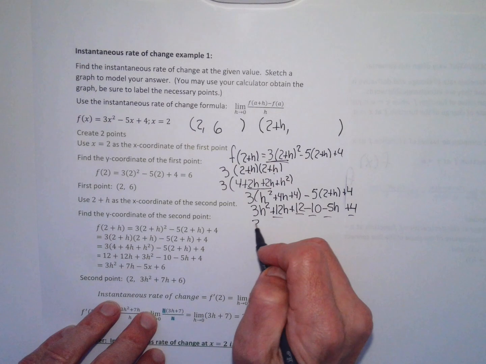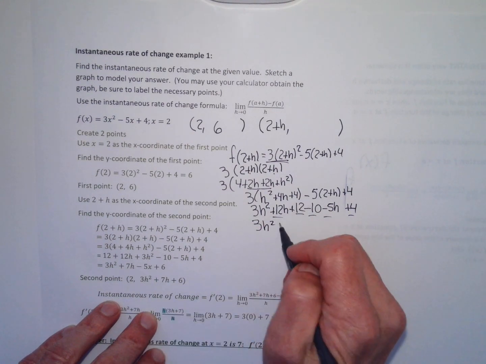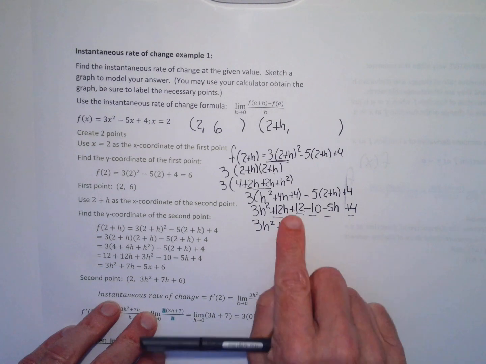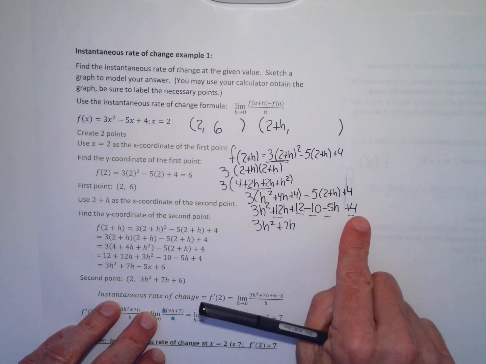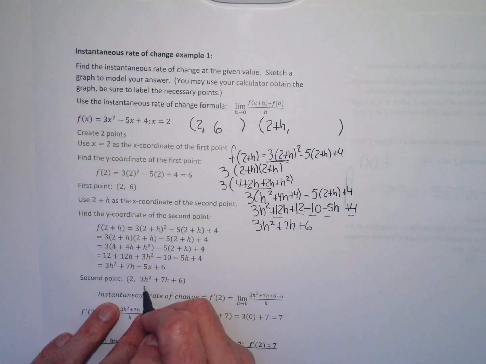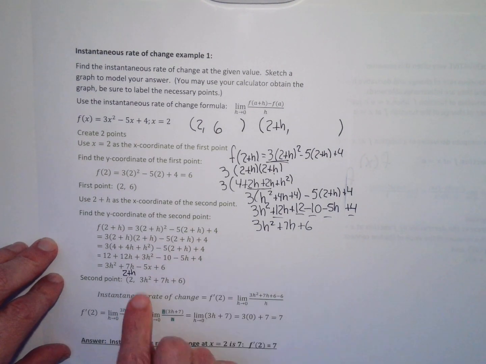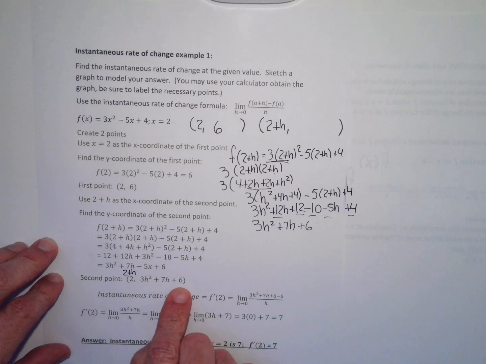The 3h squared can't be combined with anything, but 12h minus 5h is plus 7h, and 12 minus 10 plus 4 is equal to plus 6. So the y-coordinate of my second point is 3h squared plus 7h plus 6.